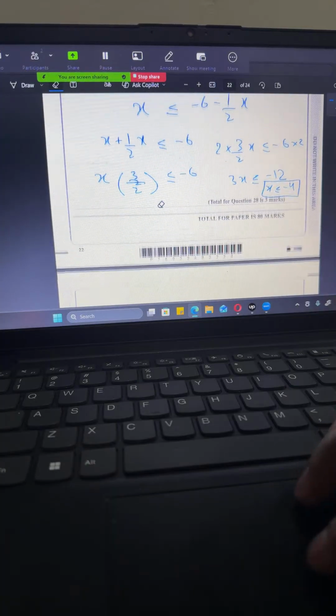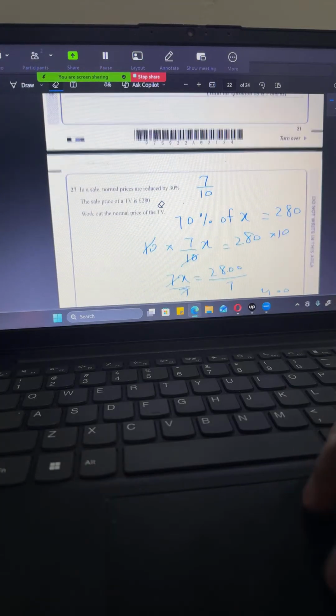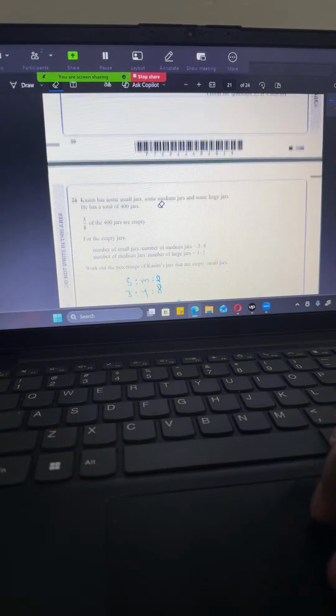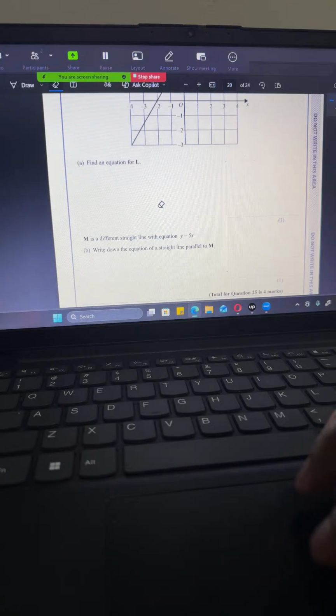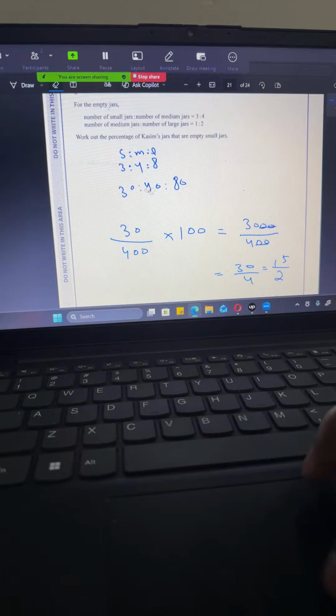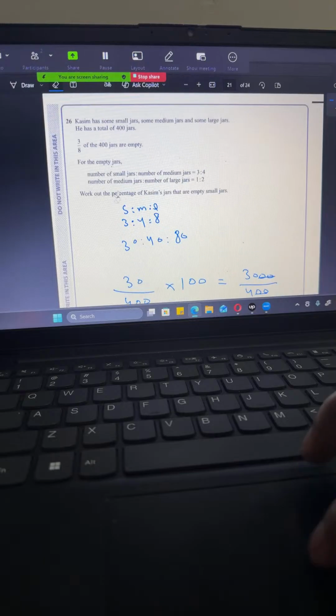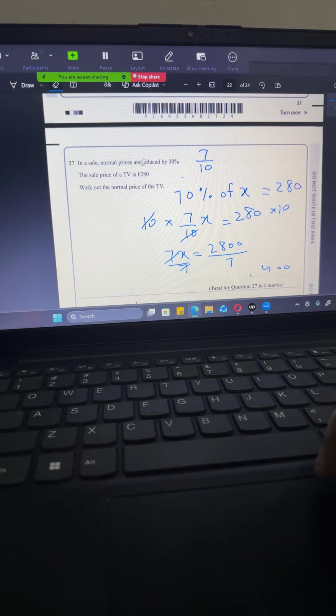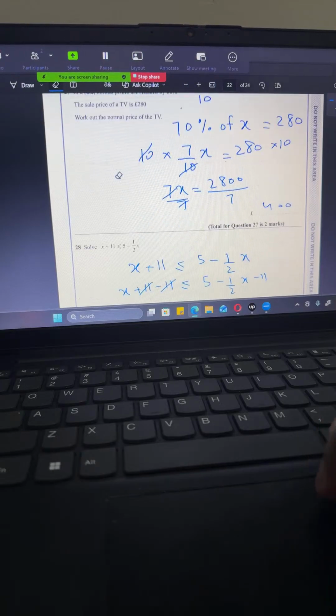So how do you think I did on the paper as a whole? In the first 25 questions, till yesterday, you were doing absolutely good, but today I think there are some topics that are difficult for you, like the ratios one, and this one is sale and profit.